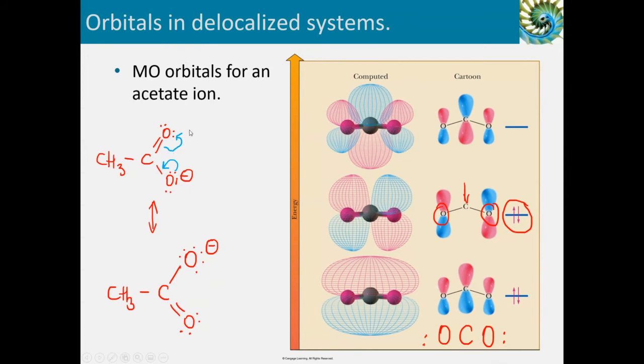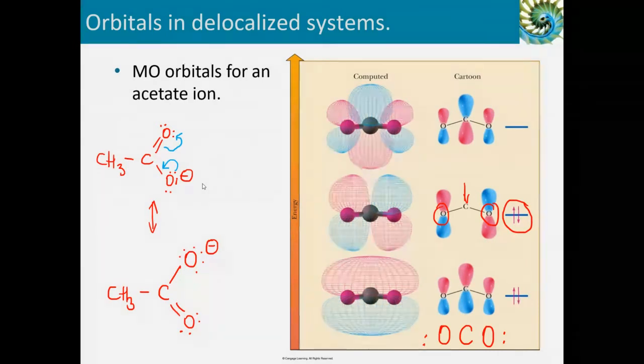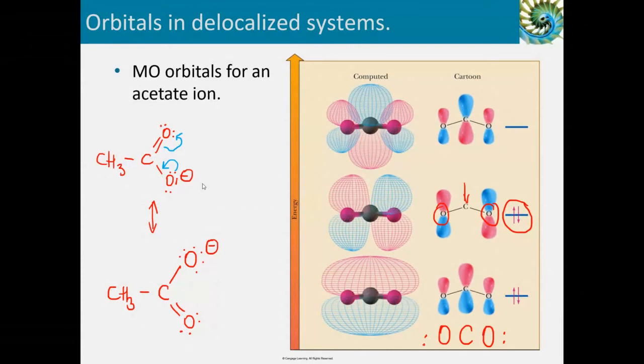Just understand that there is a resonance, and if you have a possibility for resonance structures, the molecular diagram will focus only on pi electrons. Not sigma, unless I'm asking you specifically about the sigma bond between 2 different atoms or something. For the molecular orbital diagram, on conjugated systems, you'll have to consider only pi bonds.